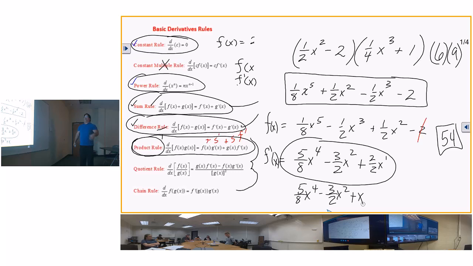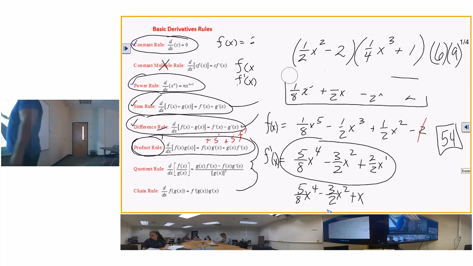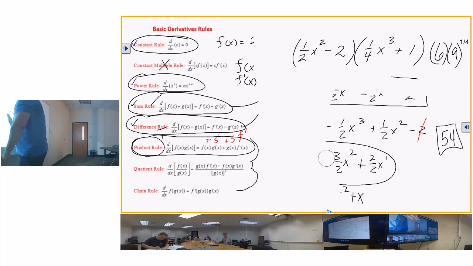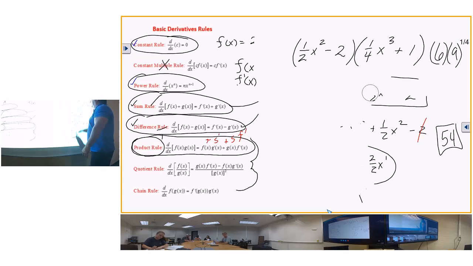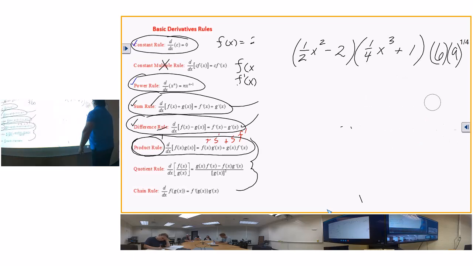All right, now I want you to use the product rule. First times the derivative of the second, plus the second times the derivative of the first.